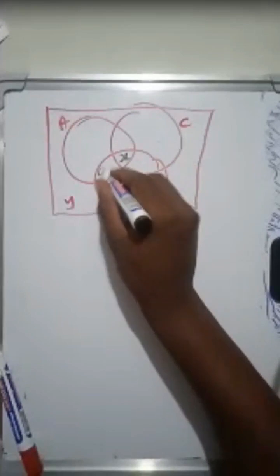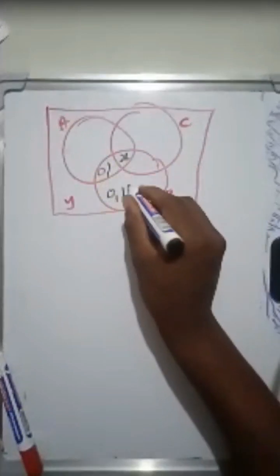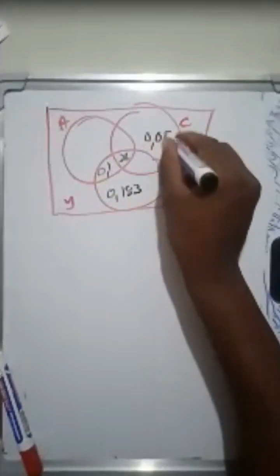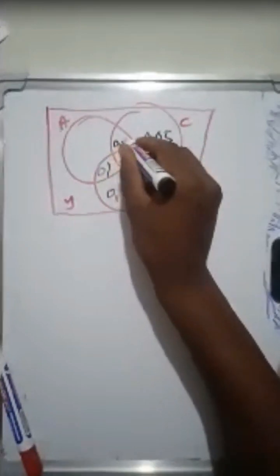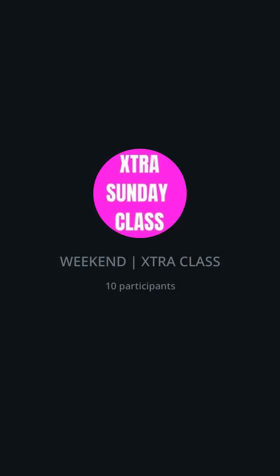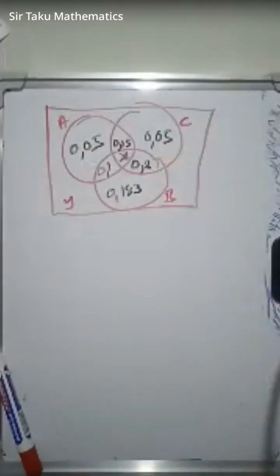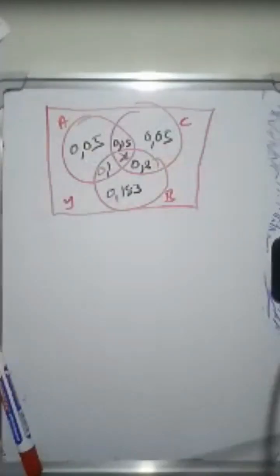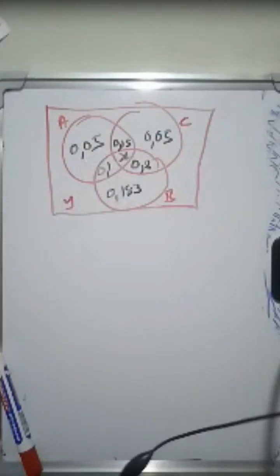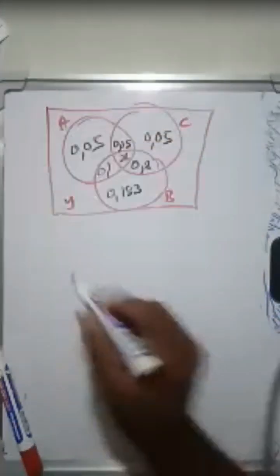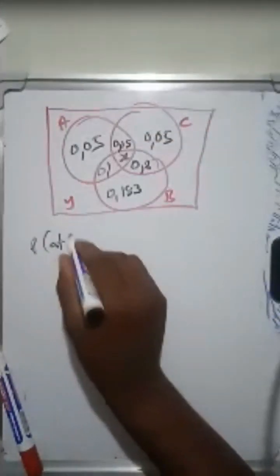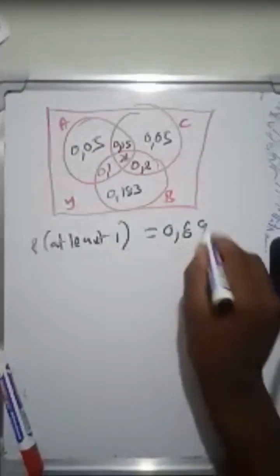We have 0.1, 0.183, 0.05, 0.2, 0.15, 0.05. Okay? It is given that the probability that at least one of these events, at least means one or more, so it means the probability that at least one of these events will occur, is equal to 0.893.